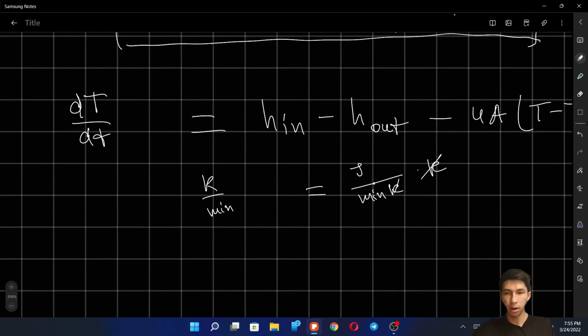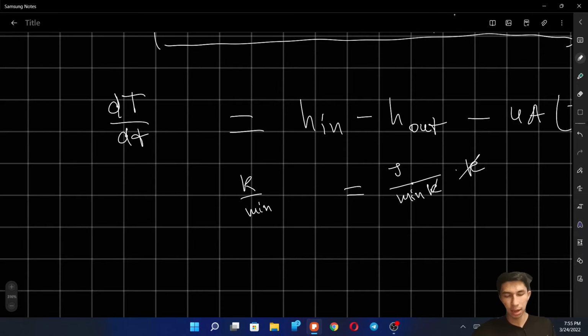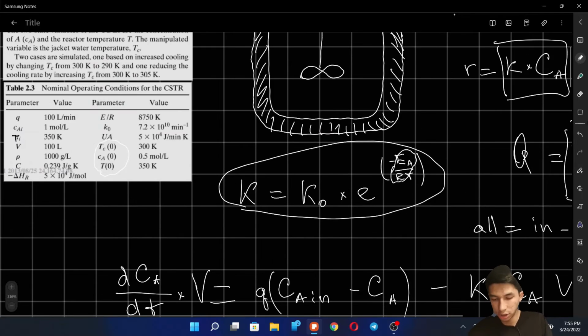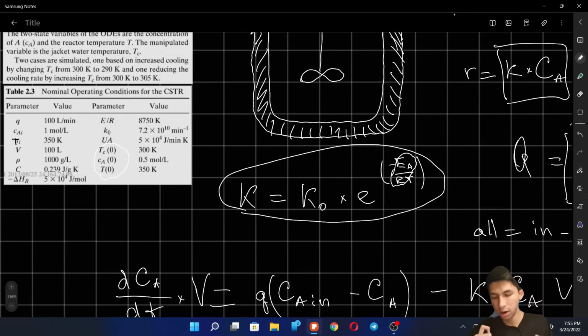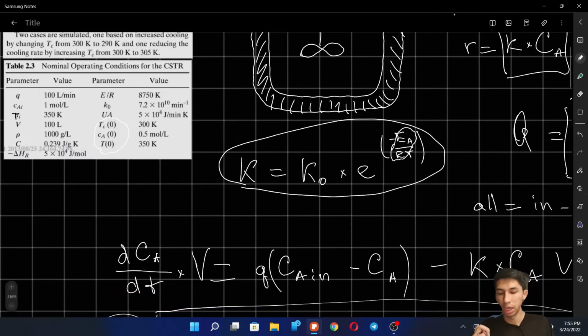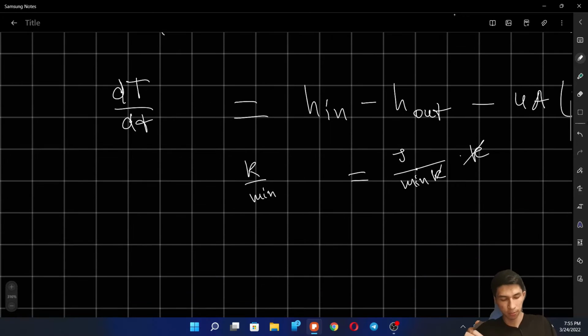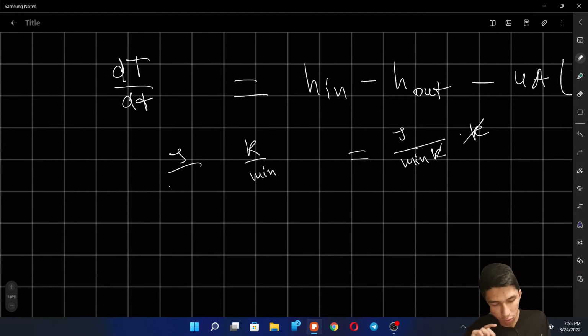Which means for this side, we should also get the same thing. So here we have our heat constant, which has the unit joules over grams times Kelvin, right?